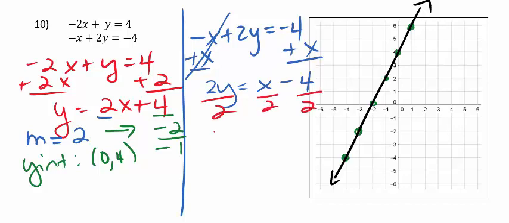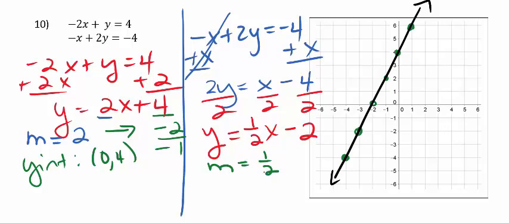And I get y equal to, and the number in front of x is 1, and then I have a 2 in the denominator, so that's 1/2 x minus, and then 4 divided by 2 is 2. Therefore, if I pull out the slope, that's 1/2, and the y-intercept here is going to be 0, negative 2.